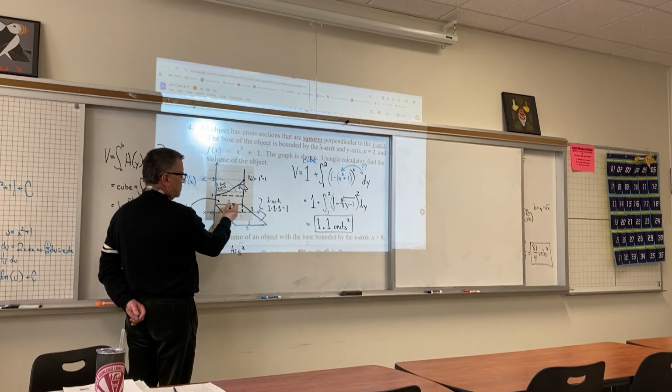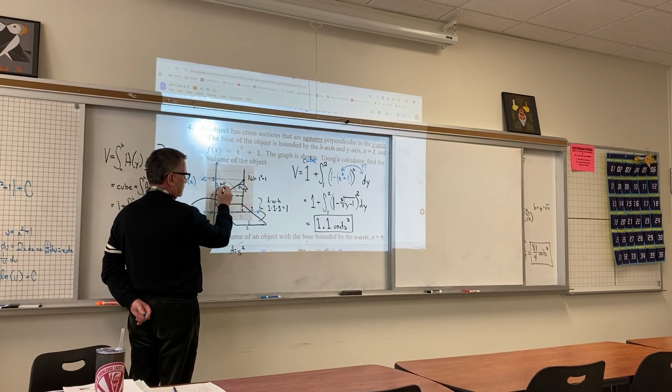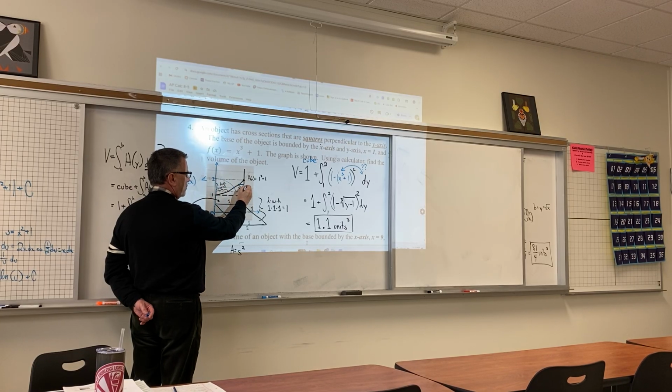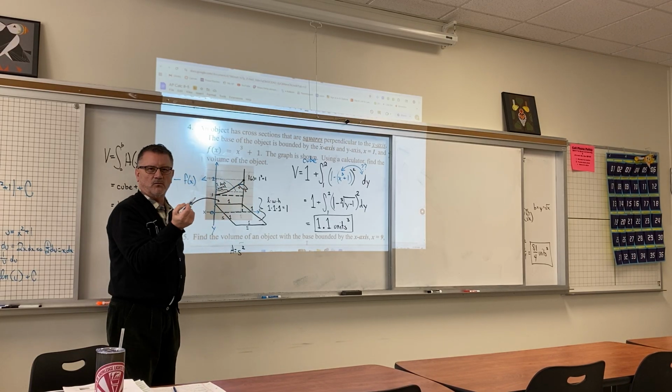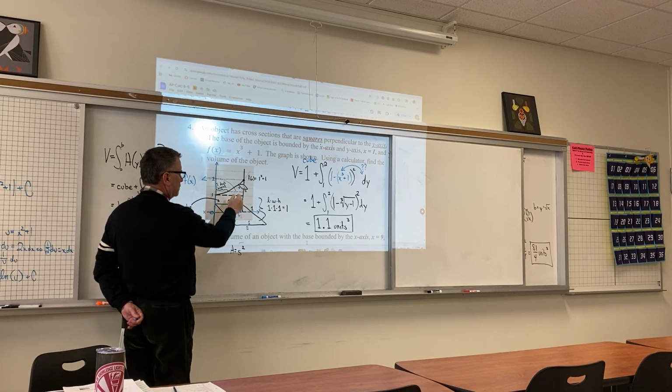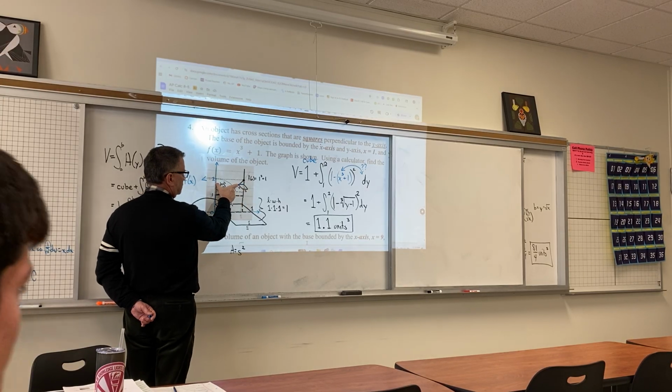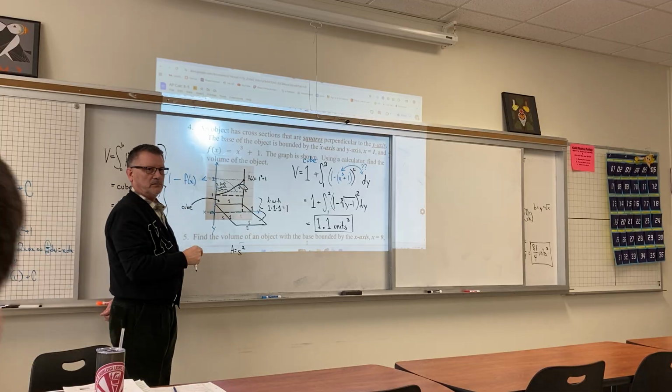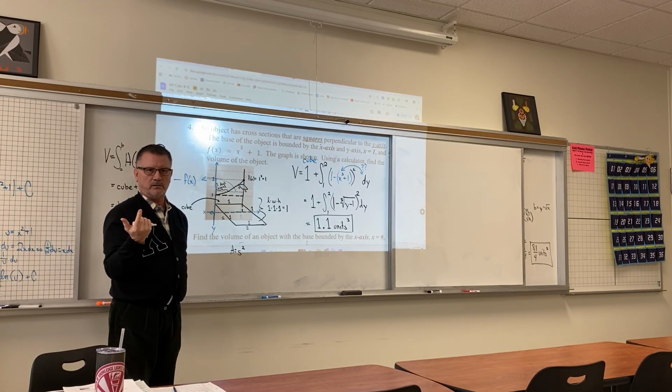Well, I said this one's going all the way out to 1, but I don't want the full 1. I only want this part. I don't need this part. So why don't I just subtract that away?